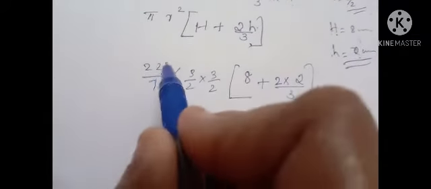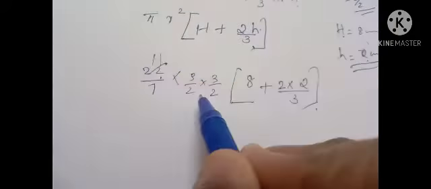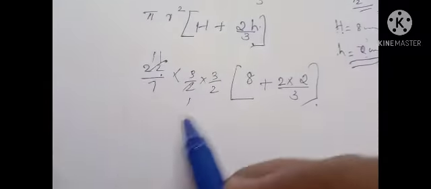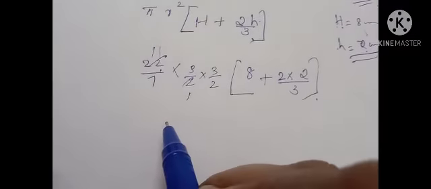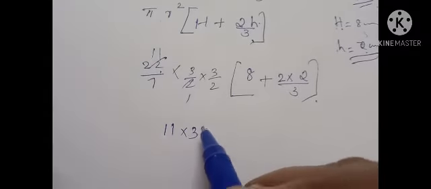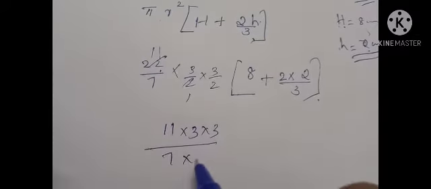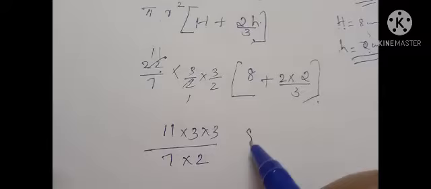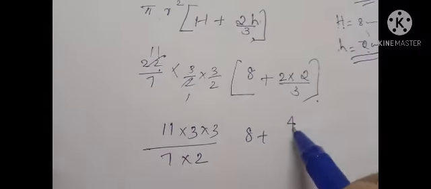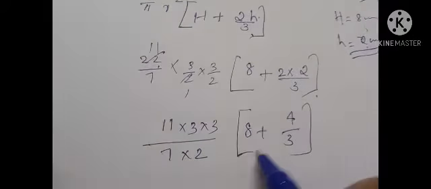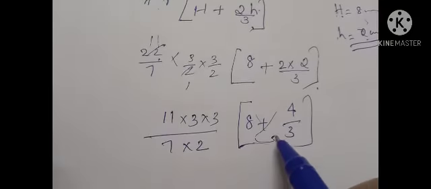Then we can simplify this. Here 11 times, here 1 time. Then no numbers can be divided. So 11 into 3 into 3 by 7 into 2. Then here 8 plus 2 into 2, that is 4, 4 by 3. Here we can do the cross multiplication, right?